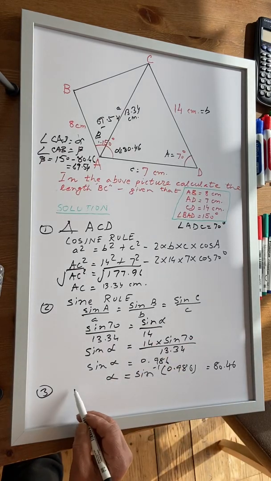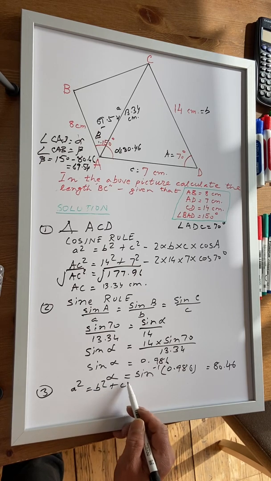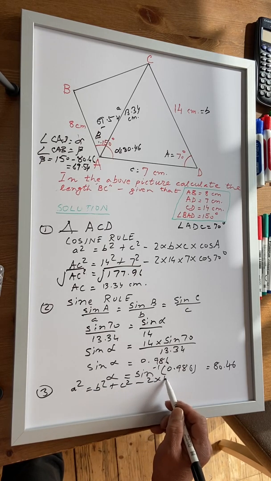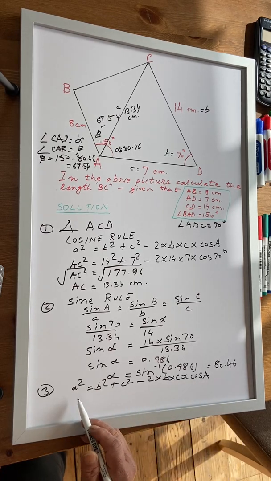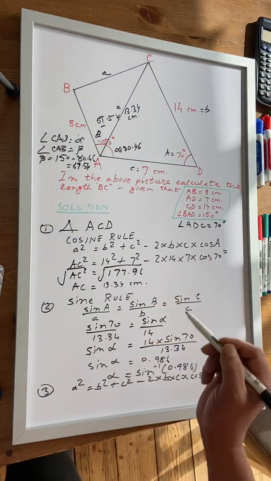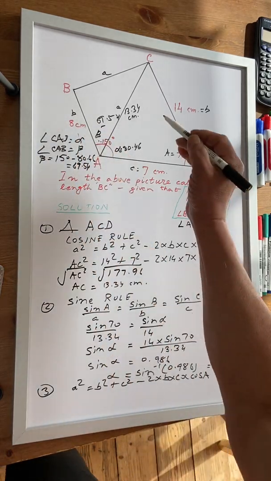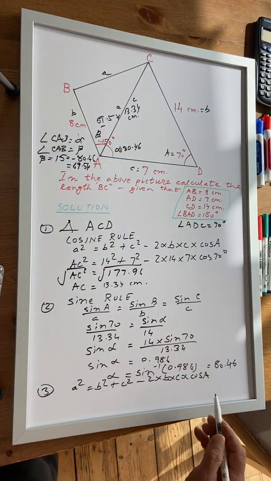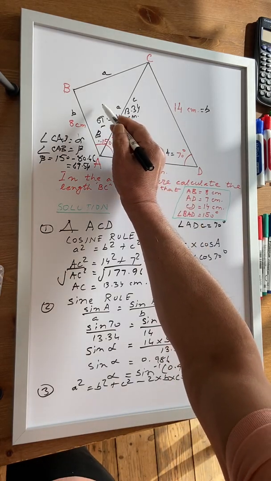Again, we will use the cosine rule. The cosine rule states that a square is equal to b square plus c square, take away 2 times b times c times cos A. Now our a can be this length, BC, and b can be this one, 8 centimeter, and c can be this 13.34 centimeter, and this A is the angle beta, this 69.54.